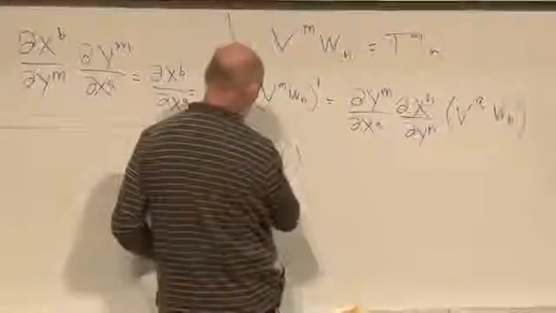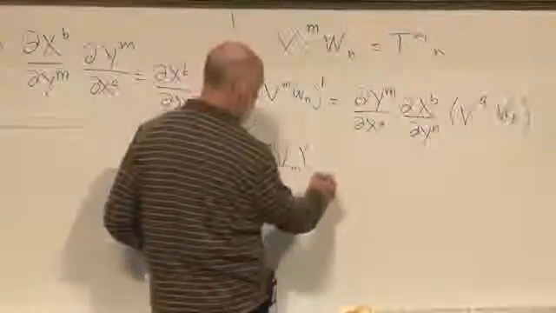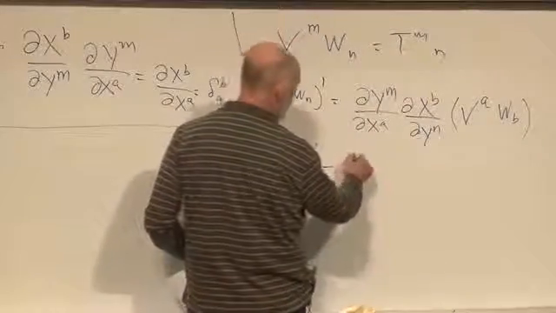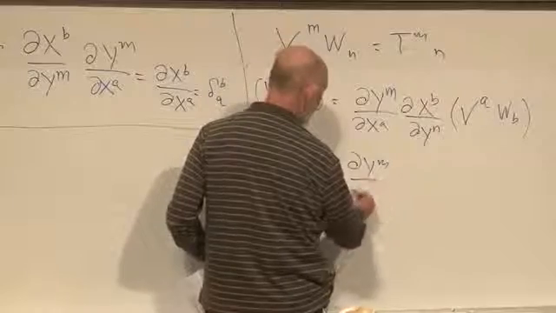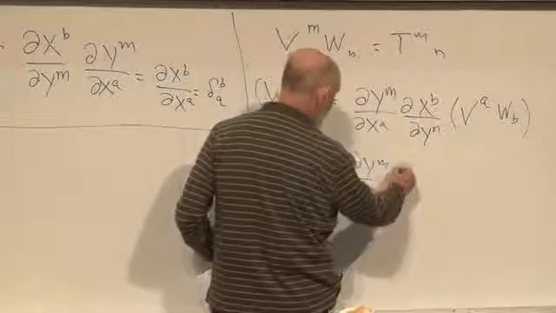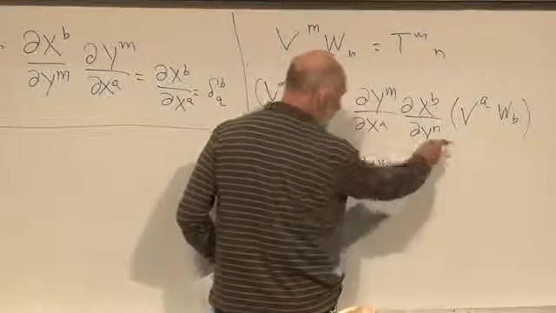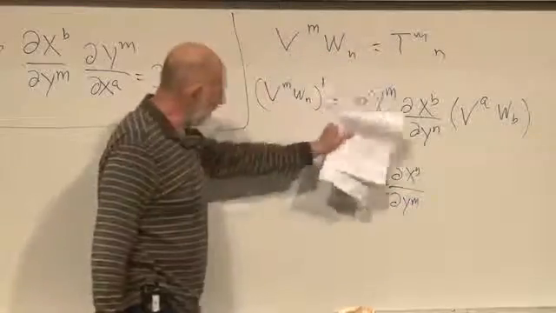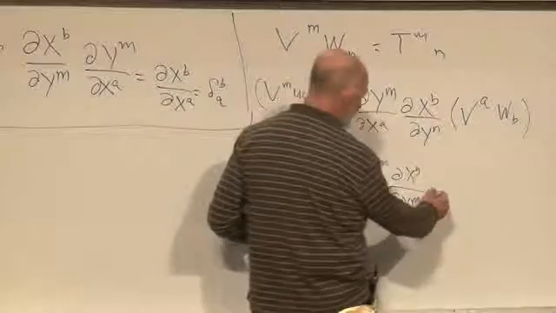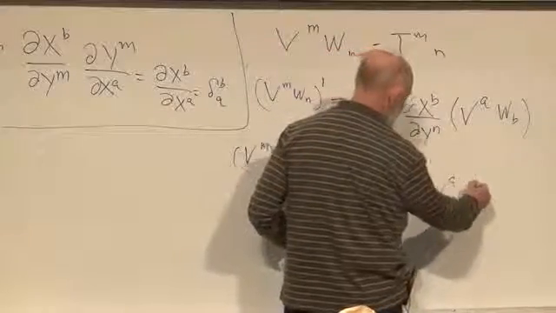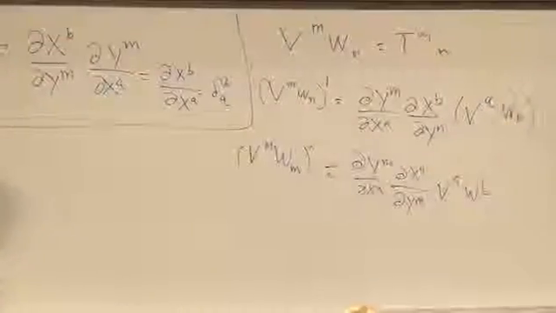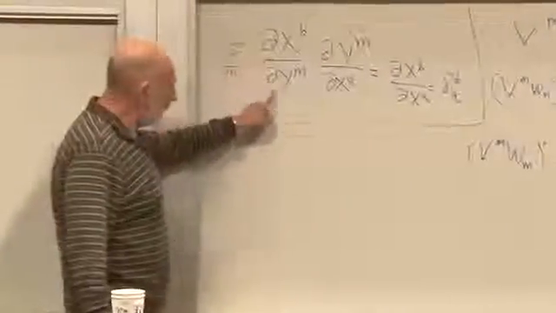All we have to do, the primed component of it, is equal, now all we have to do is identify M and N: dy^M by dx^A, dx^B by now dy^M, M and N have been identified, V^A W_B. And now here's where our little lemma comes in handy. dx^B by dy^M, that's the thing over here.